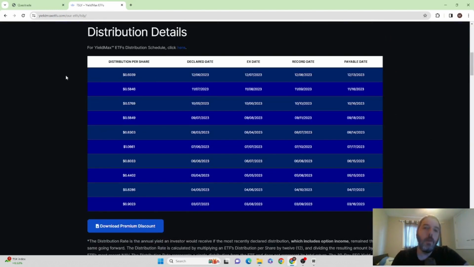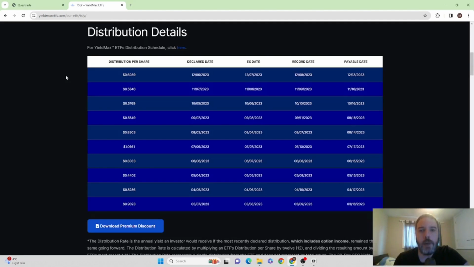And now it's slowly working its way up. And it appears to do that every month, but it does follow Tesla's share price. So if Tesla's share price plummets, this will go down quite a bit. If Tesla's share price skyrockets, this will come up a little bit. And it kind of mimics Tesla to an extent, but not as great of an appreciation or depreciation as Tesla.